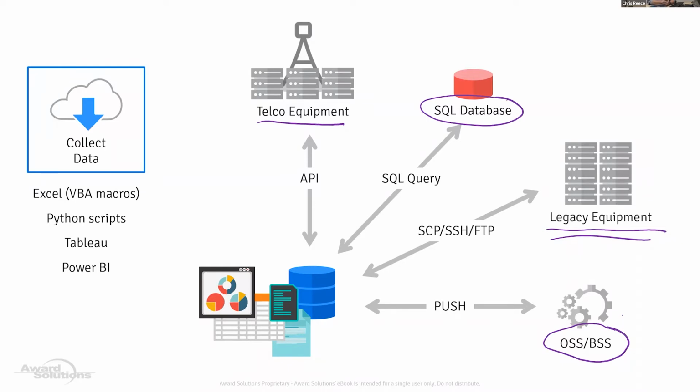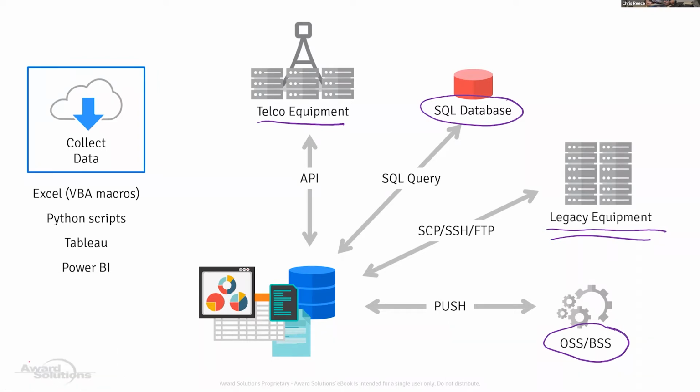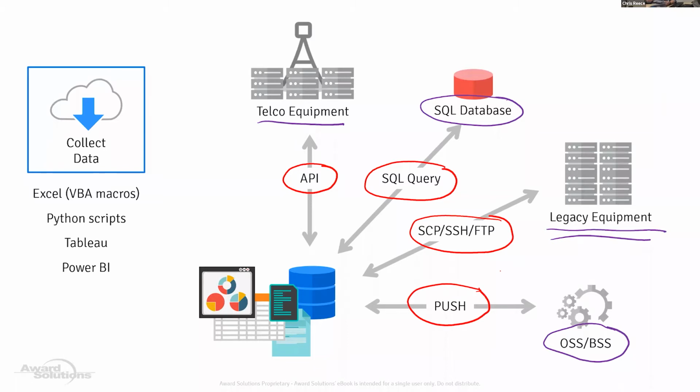The second thing to keep in mind is, what is the mechanism that we use to actually pull that data? Maybe I'm using some type of an API. Maybe I'm doing a simple SQL query. Maybe I'm having to SSH to a node and pull down a log file. Or maybe I'm having to have the OSS and BSS push me some data periodically.